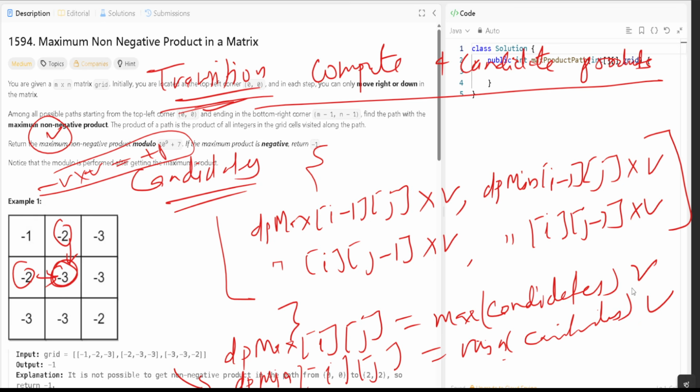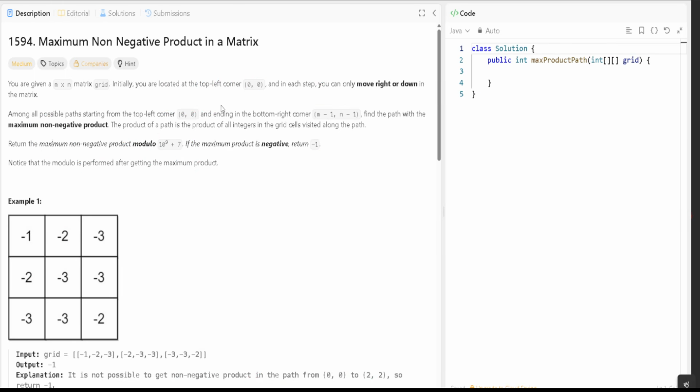One more thing: this v will also affect, through its sign, which candidate becomes the max and which becomes the min. Let's think.